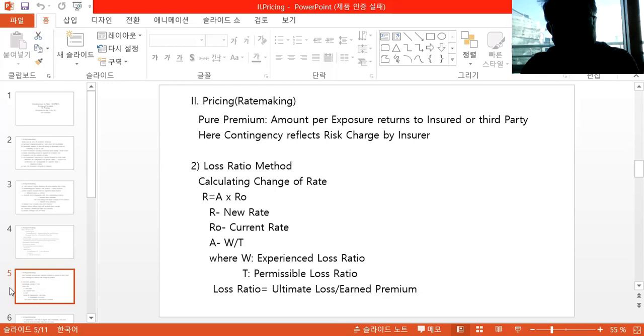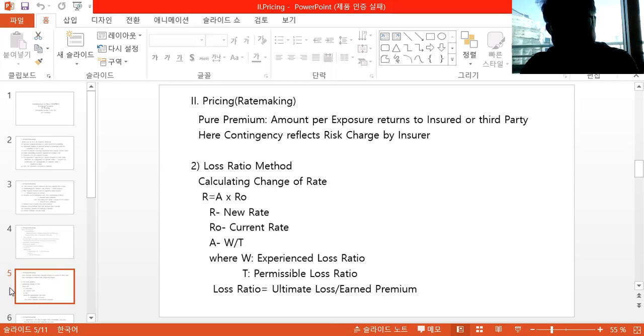The second concept of rate making is called the loss ratio method. Here we calculate the change of rate. Say R = A times R0, where R is the new rate, R0 is the current rate, and A is W over T, where W is the experienced loss ratio and T is the permissible loss ratio.